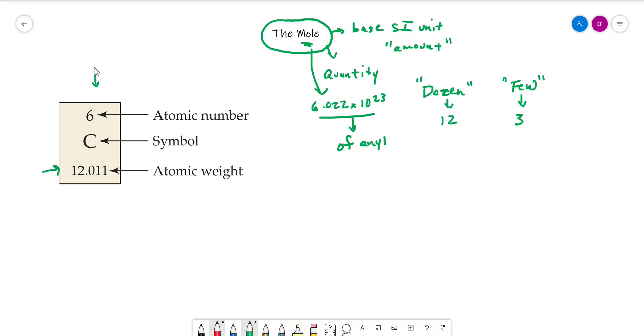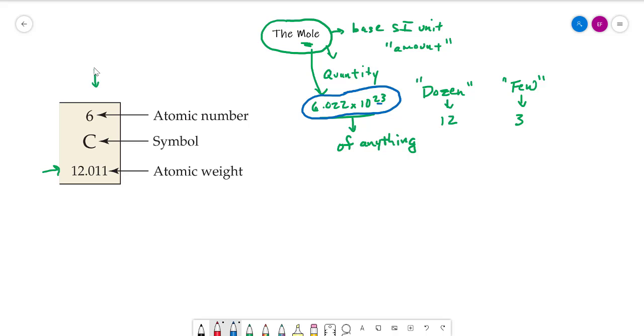I can have a mole of coffee mugs, I could have a mole of cars, I could have a mole of pencils, or I could have a mole of atoms or molecules. The reason we use the mole is because it's convenient to talk in these whole numbers that refer to really large numbers, right?